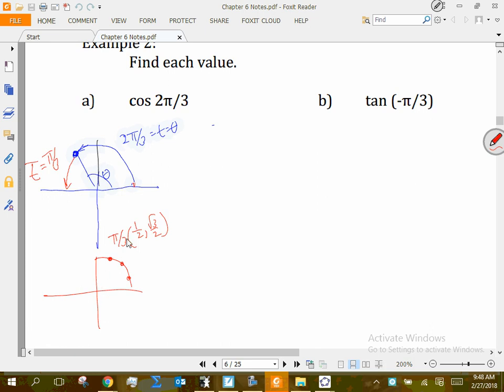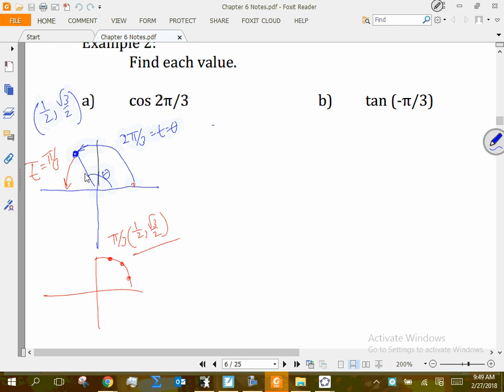So what that tells me then, remember the reference angle, or the reference distance, is telling you that this point here of 2 pi over 3 has the exact same coordinates that the reference value has. So the reference value has that set of coordinates right there, and this blue point should have the exact same ordered pair.